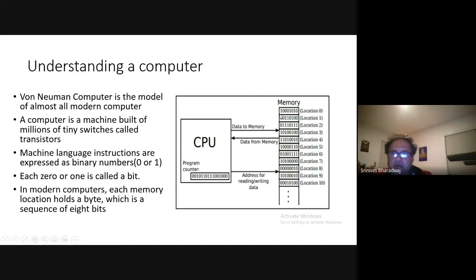Now, mostly the data stored in memory is stored as 1s and 0s, and each piece of data is called a bit. When you have a group of 8 bits, it equals a byte.